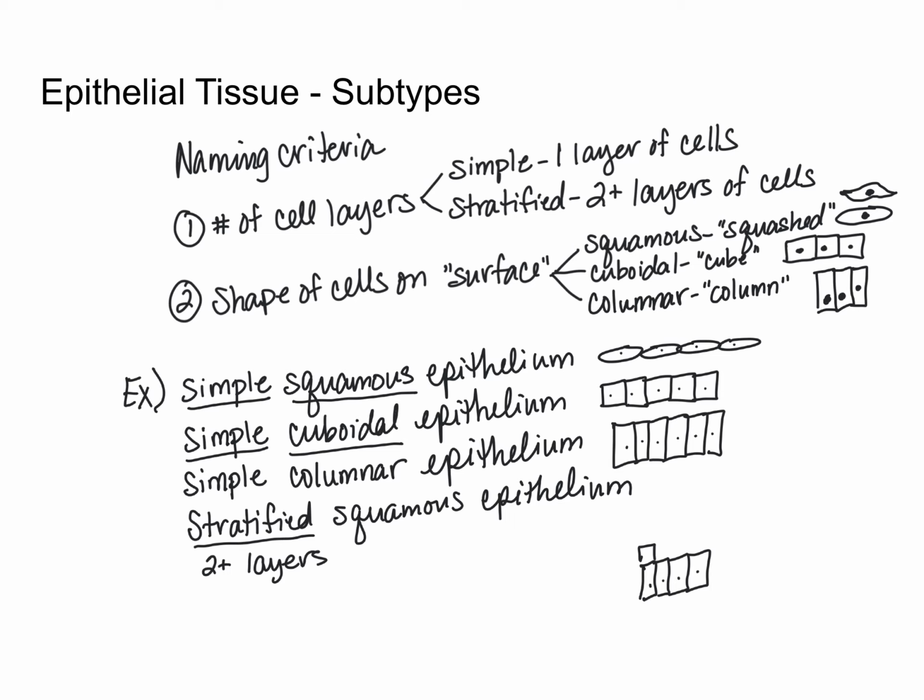And then maybe there might be a layer of cuboidal cells above that. And then you might start seeing those squamous squished cells towards the top. So here we've got 3 layers of cells, but it could be many more than that. So just the fact that there's more than one layer of cells tells us that it's stratified. And then the squamous tells us that the cells that are on the surface are the squamous cells, or those squished cells.